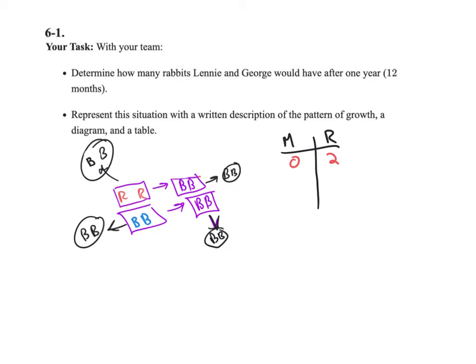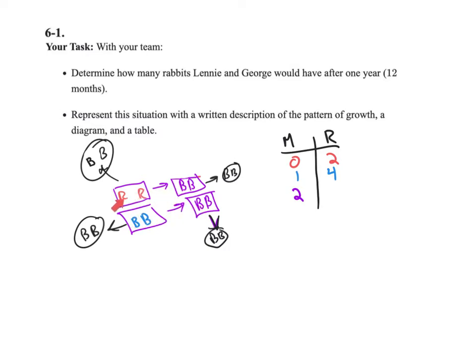Then those 2 rabbits had 2 babies after the first month, which made a total of 4 rabbits, because I had the 2 that we started with plus their 2 babies. Then in the next month, each of those pairs, so this pair and this pair, each had 2 babies.